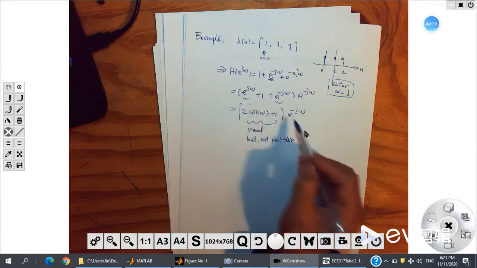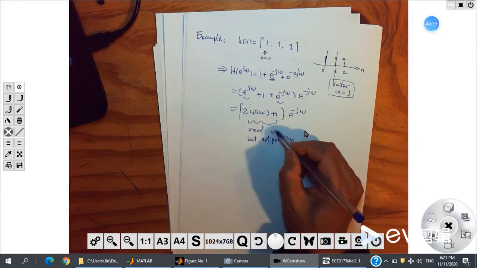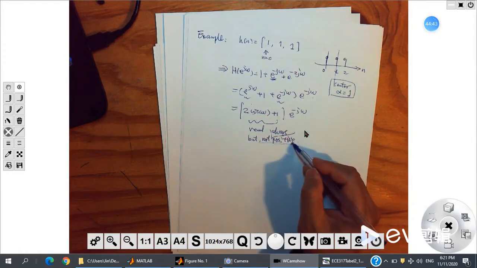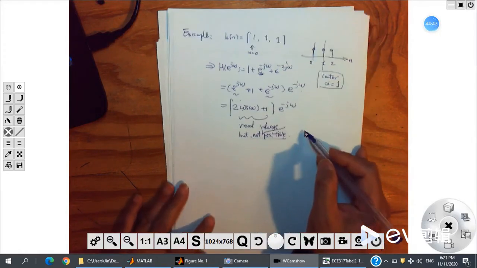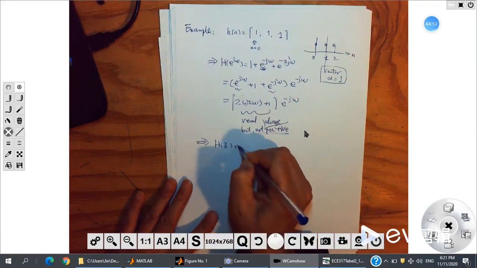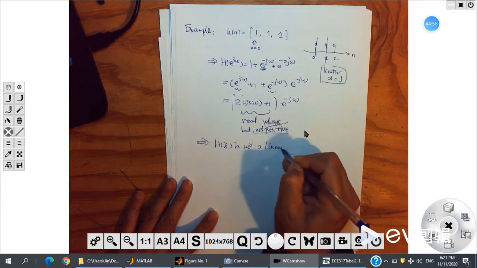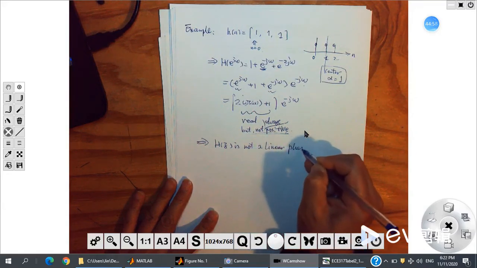So this is not always positive. Sometimes it is positive, but some other time it is not positive. So in this case it is not linear phase. So H(z) is not a linear phase system.